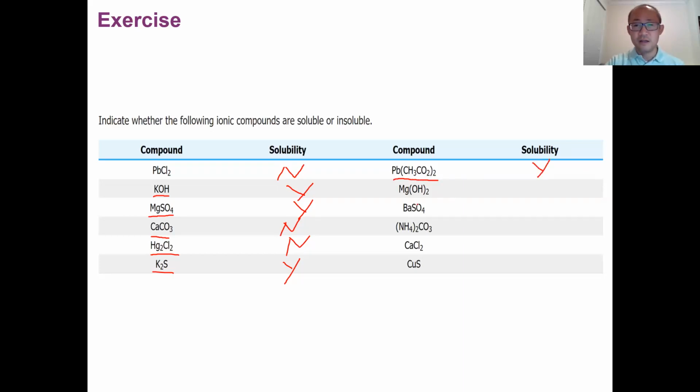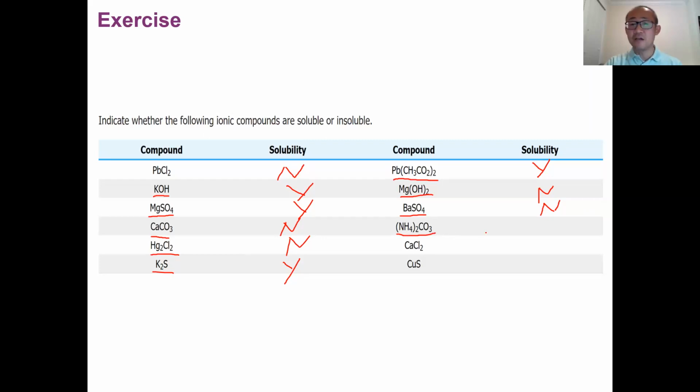Yes. Magnesium hydroxide. Hydroxide is not soluble unless with alkali metals or ammonium. Magnesium is not one of them. So magnesium hydroxide, not soluble. Barium sulfate. Sulfate is normally soluble, but barium is an exception. So barium sulfate, not soluble.